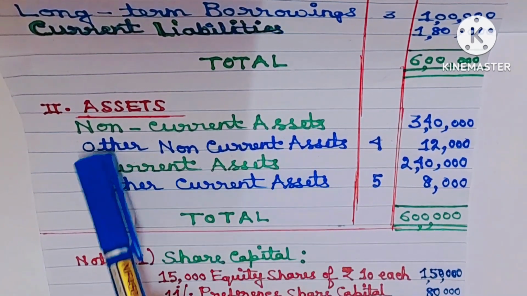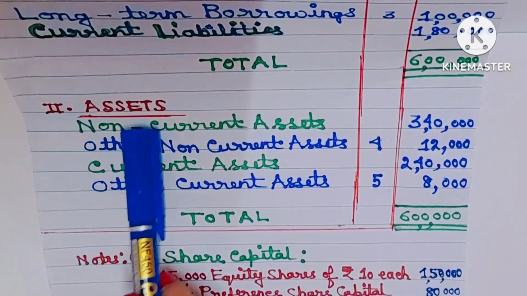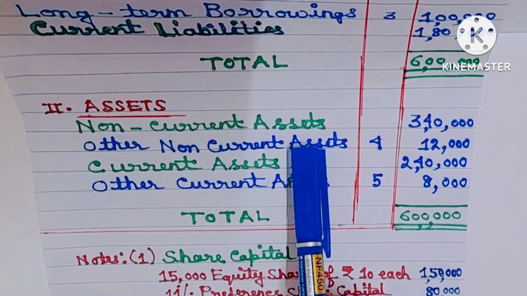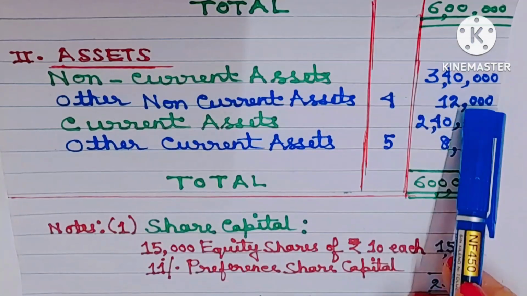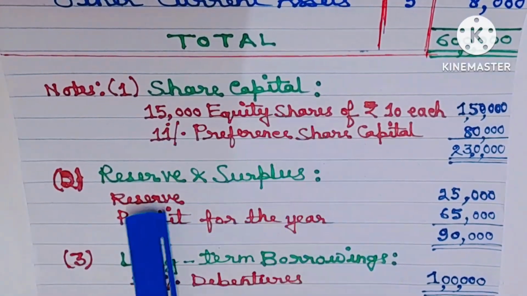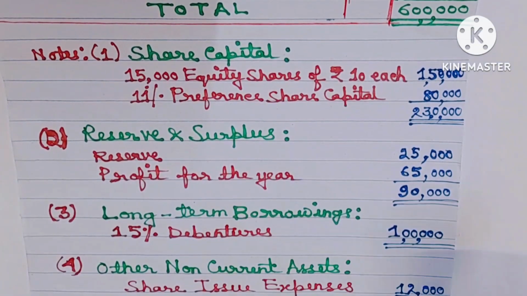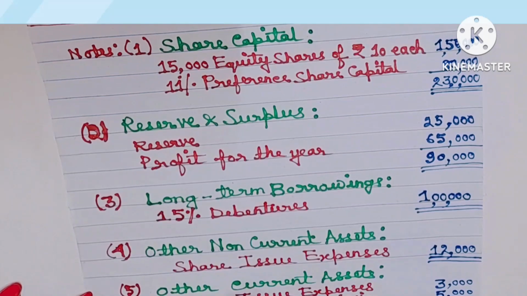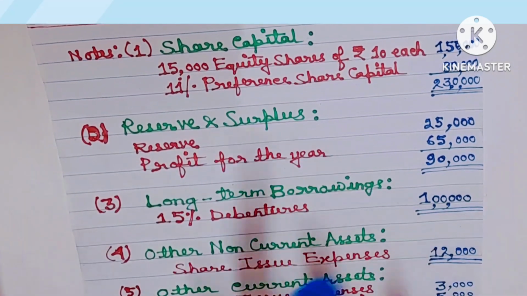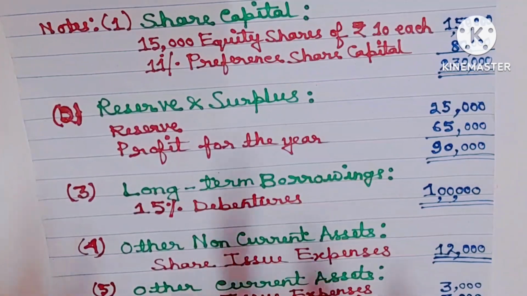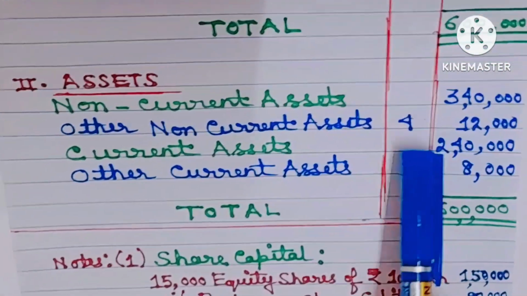So number 2 assets, non-current assets is equal to 3,40,000. Let's go through the notes. See, share capital, reserve and surplus, long-term borrowings, we did it. Other non-current assets, other current assets. Ar kichu nahi ekhane. So we don't have to see the notes. We have finished. So non-current assets is equal to 3,40,000.